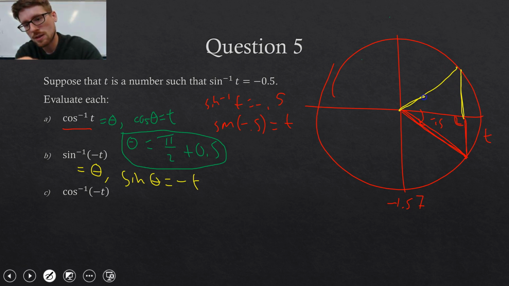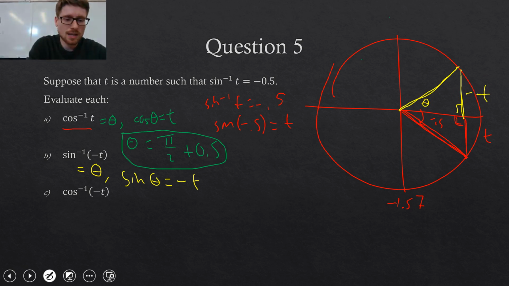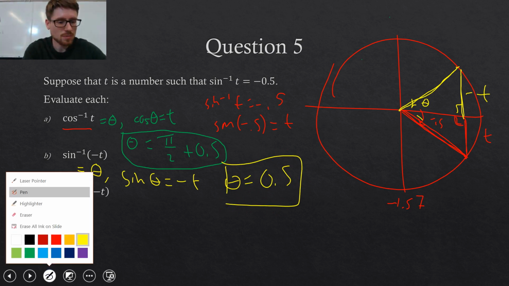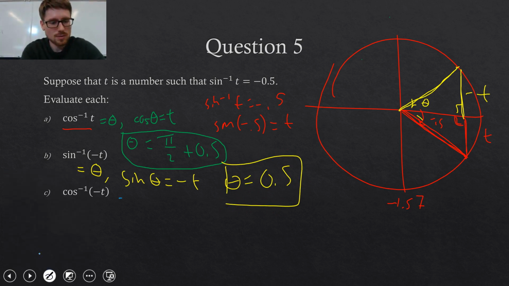And so this would be the angle. This is theta, where the y is negative t. And clearly we can see from the diagram these triangles are the same. This angle is congruent to that angle, so that means that theta is 0.5. Easy peasy. Okay, let's move on one more time to the last question.